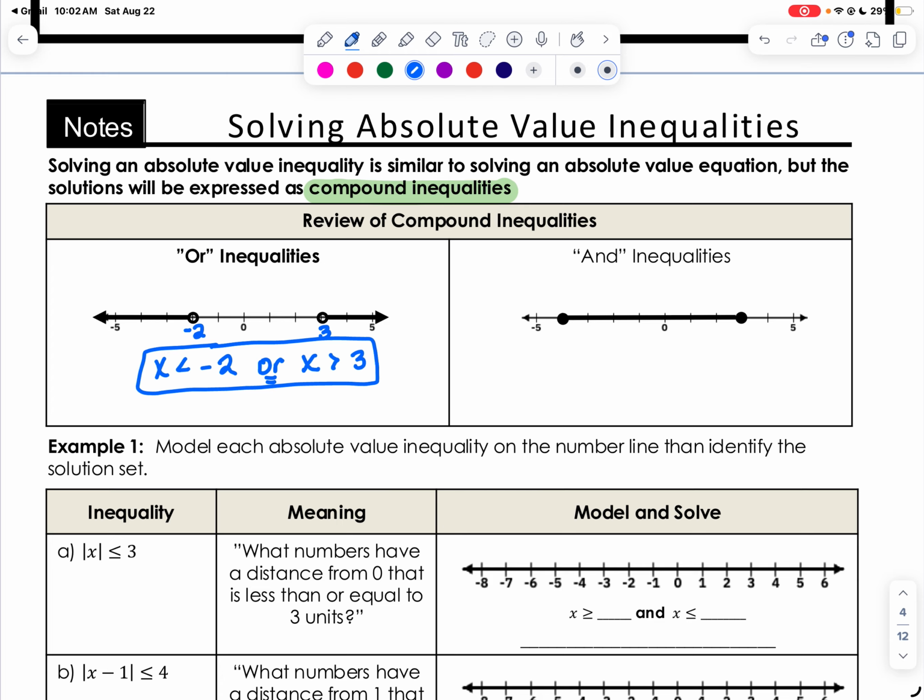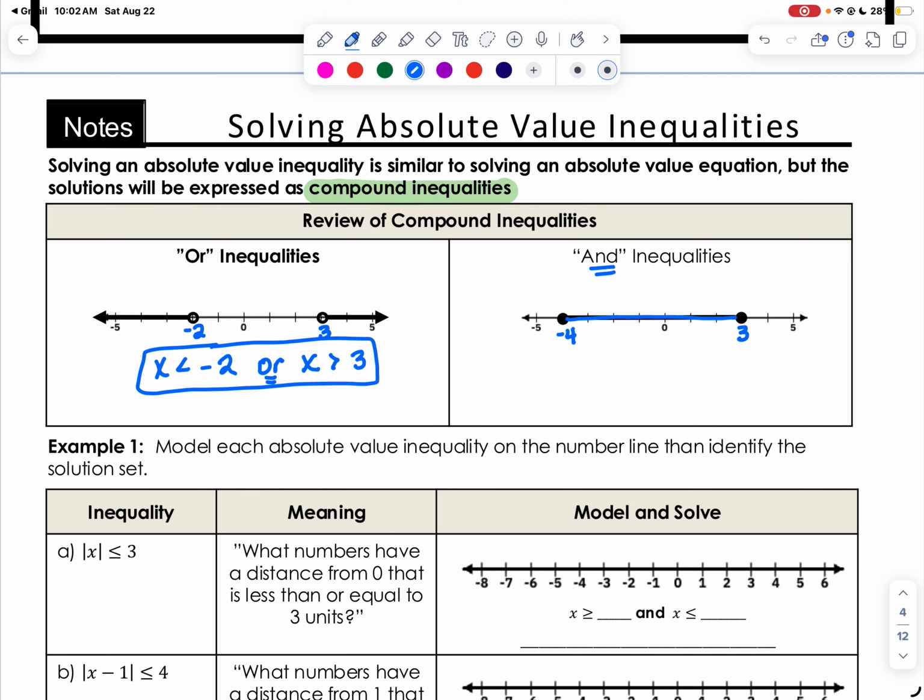Now, if your segment is connected, then we will have what's called an "and" inequality. So notice the part of the number line that's shaded are all the numbers from -4 to +3.